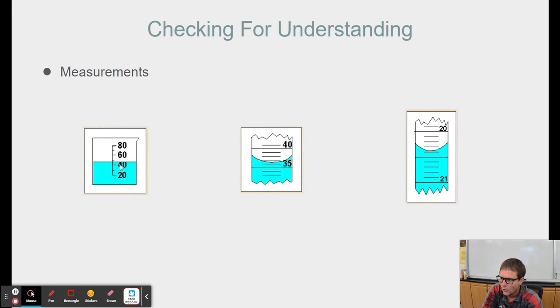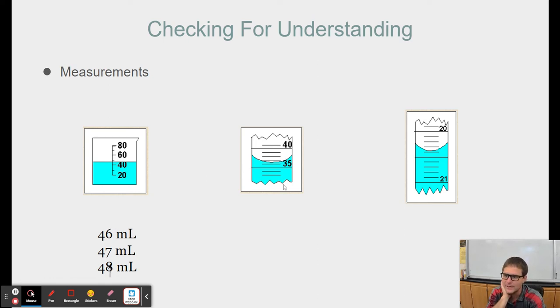Starting with the beaker, we know we're between the 40 and the 60, and we're less than the midline, so it's going to be 40 something, but I'm already having to estimate. So I'm not going to get any decimals in my answer. It's going to be 40, maybe a little past midline, 46, maybe 47, 48. This type of beaker can only be read to the ones place. It cannot be read to any decimal places.